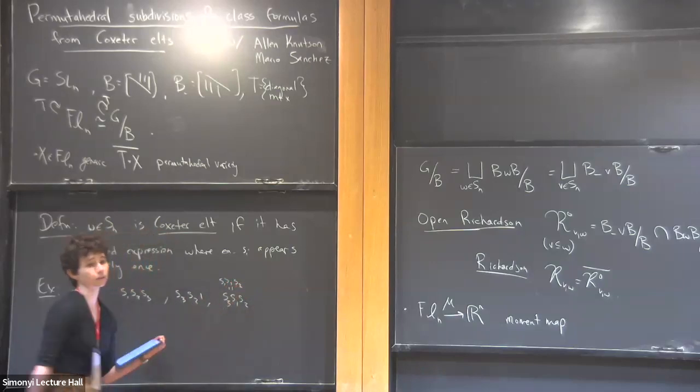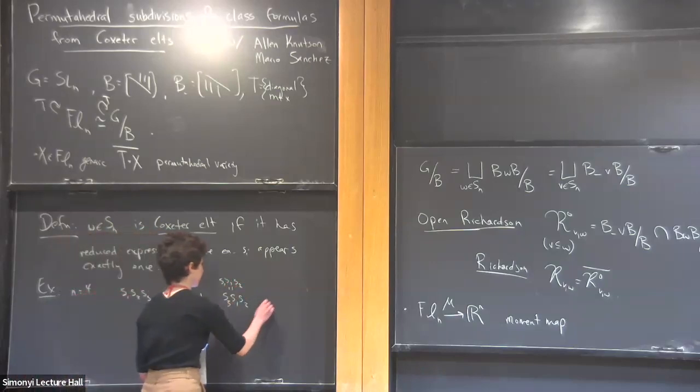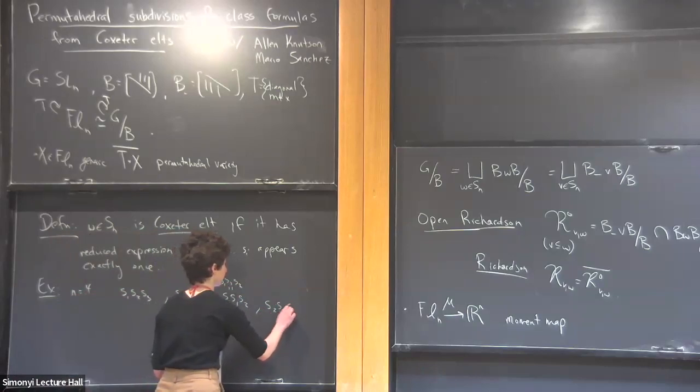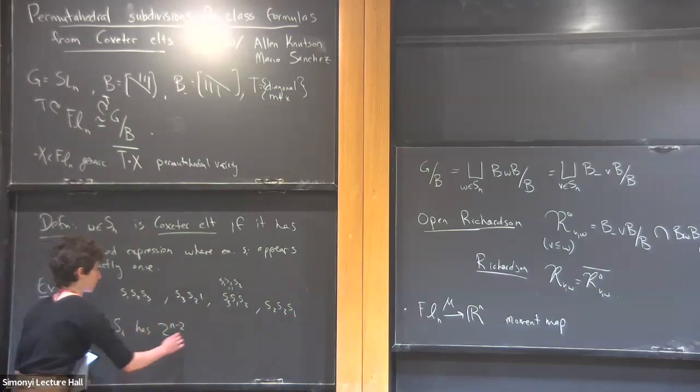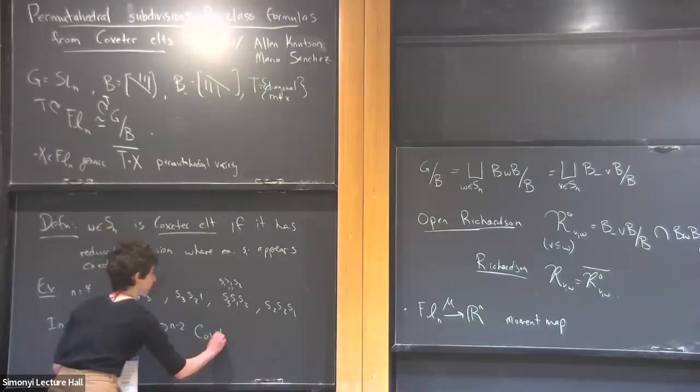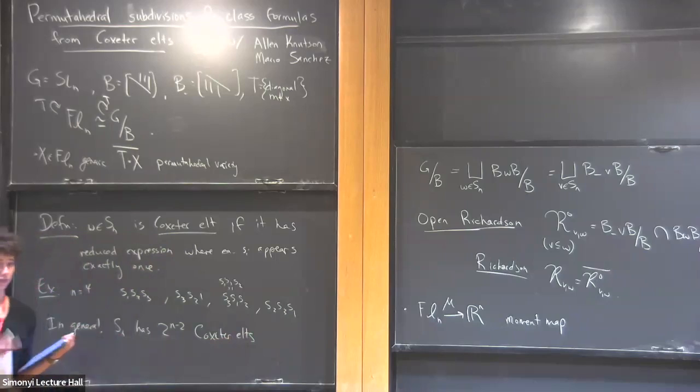And then I can also take the inverse of this, S2, S3, S1. That's all the Coxeter elements for S4. In general, Sn has 2 to the n minus 2 Coxeter elements. This number is the number of orientations of the Dynkin diagram.